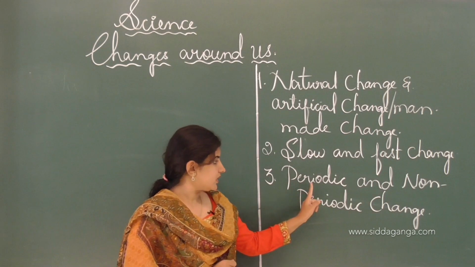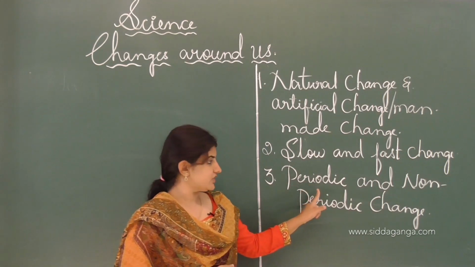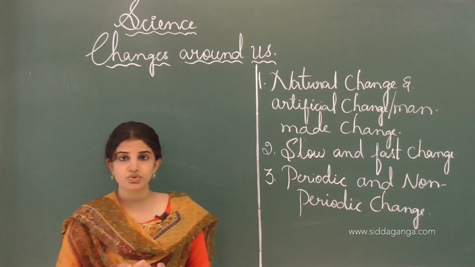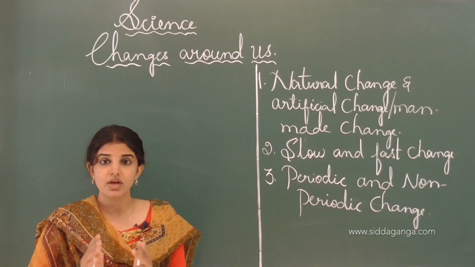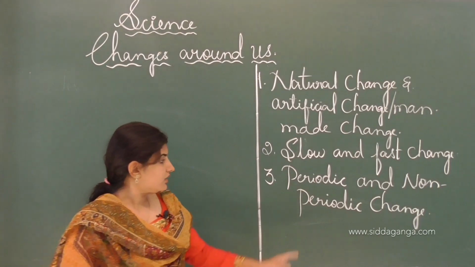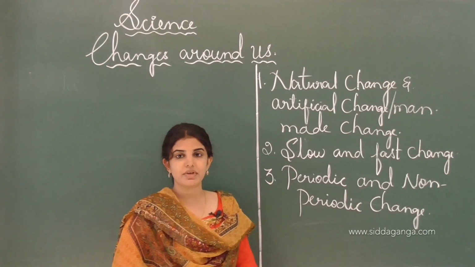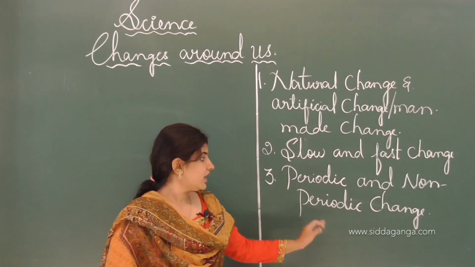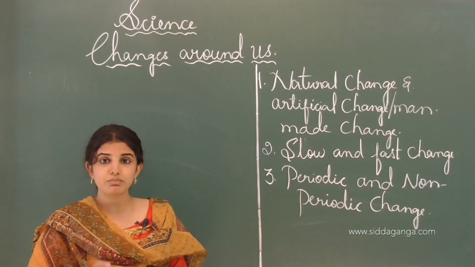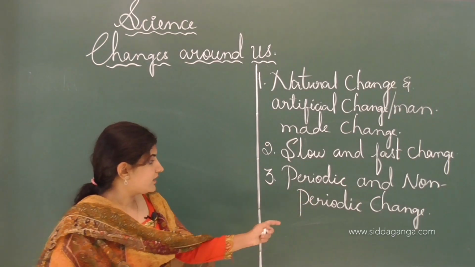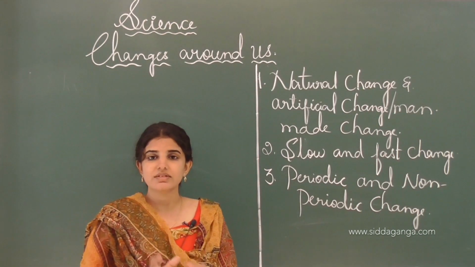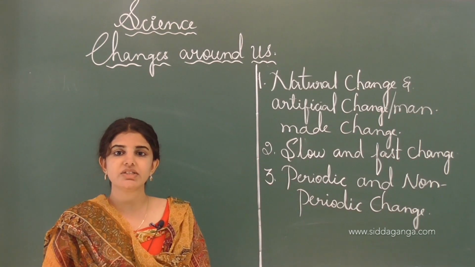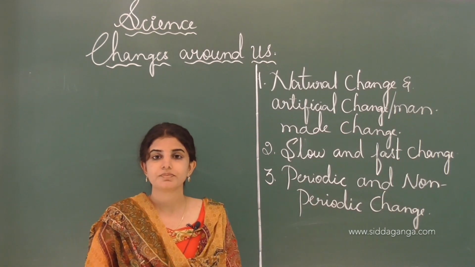This is called periodic change. Non-periodic changes are those changes which do not repeat themselves at equal or regular intervals of time. An example of periodic change is the motion of a swing, and an example of non-periodic change is a disaster. These are some examples of periodic as well as non-periodic change.